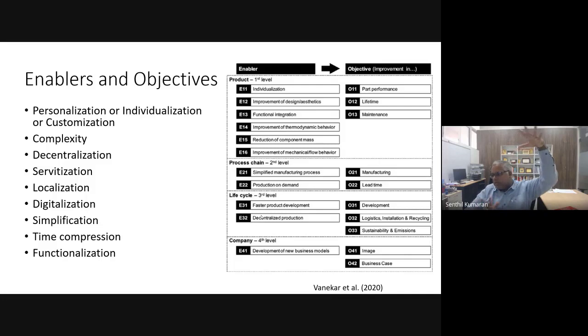This is what I was talking about: the life cycle, design to dispose, not the material life cycle, which is raw material to cradle to grave. That is different. And this is the company level. Instead of company, I would have used enterprise if I wrote this paper.